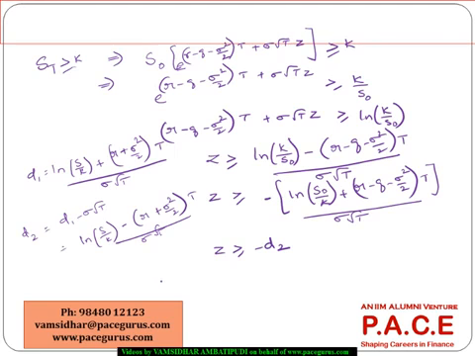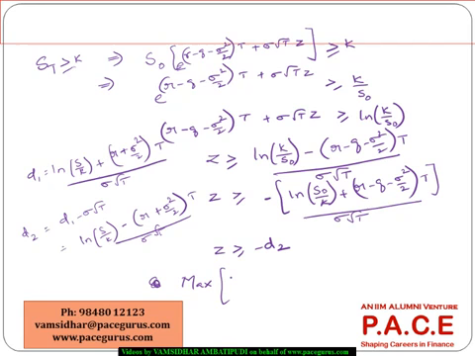I can very well say now the price of the call option, the value, is the maximum of ST minus K. Now what is ST here?